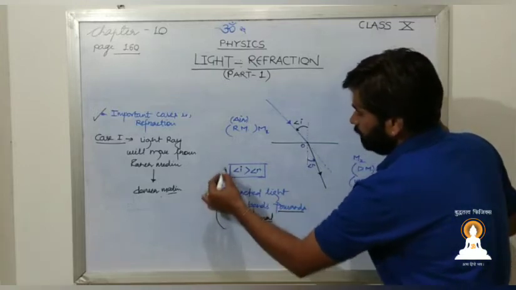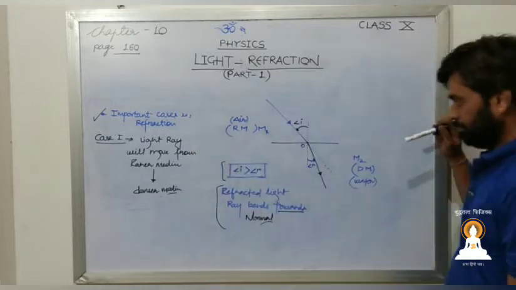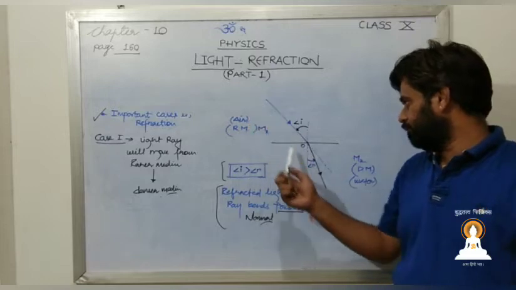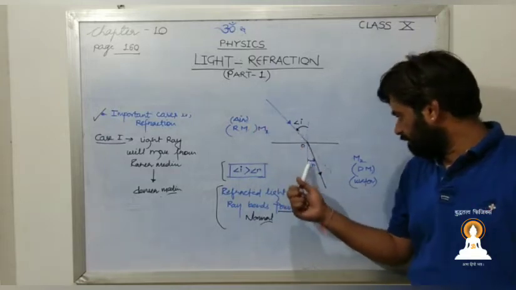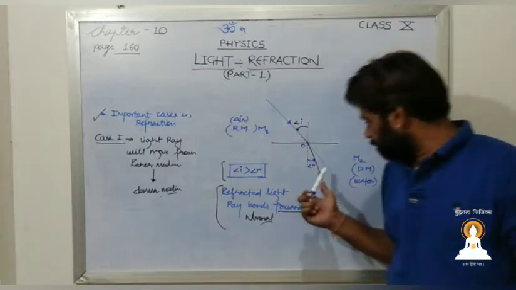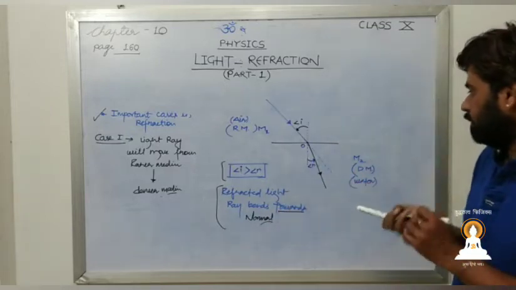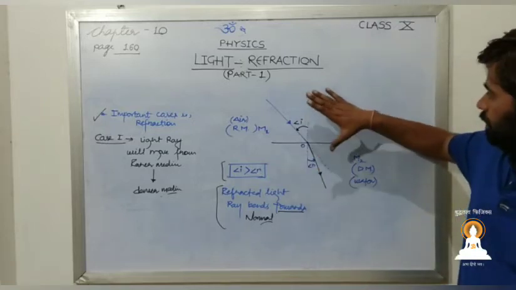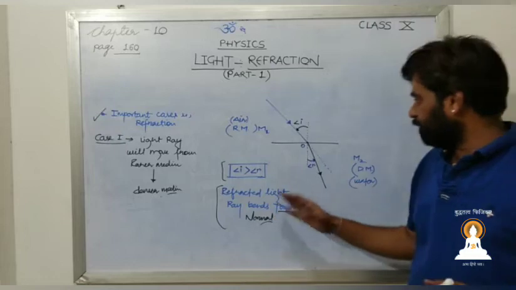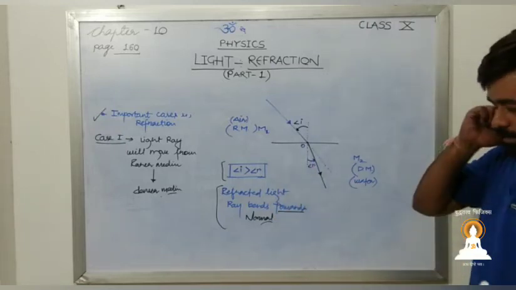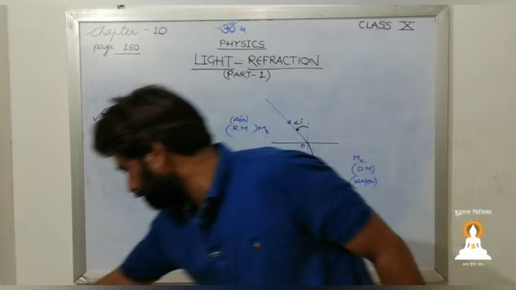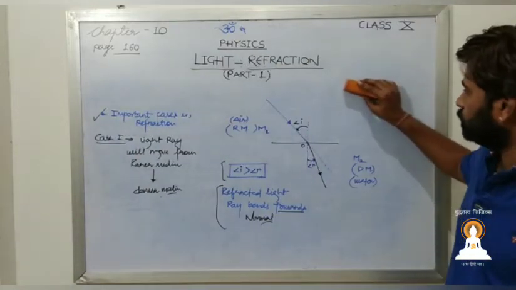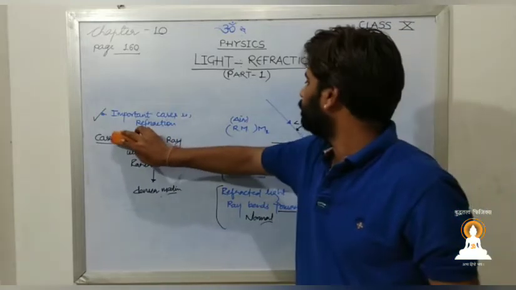This statement and this mathematical form are both the same. Remember, when a light ray is incident from a rarer medium towards a denser medium, in the other medium it will bend towards the normal. This is the practical situation, already performed, and the result is up to you. So this was case number 1. Now let us move towards case number 2.